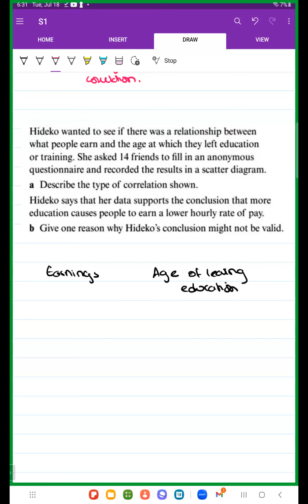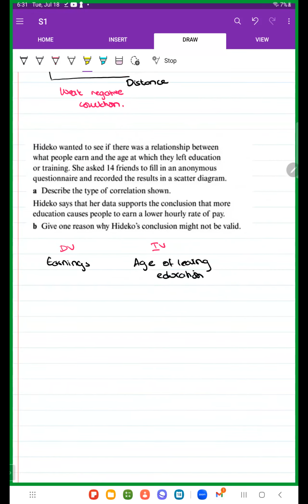What people earn. Yes, this is my DV because this is the effect they want to see. And what is it the effect of? It's the effect of the age of leaving education. Yeah. He asked 14 friends to fill in an anonymous questionnaire and recorded the results in a scatter diagram. Describe the type of correlation shown.